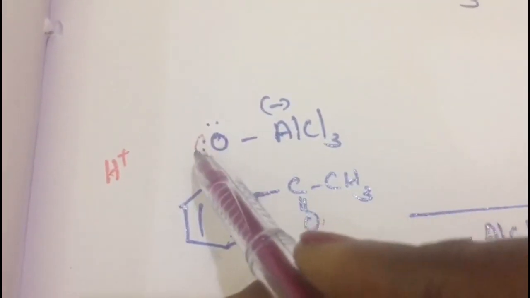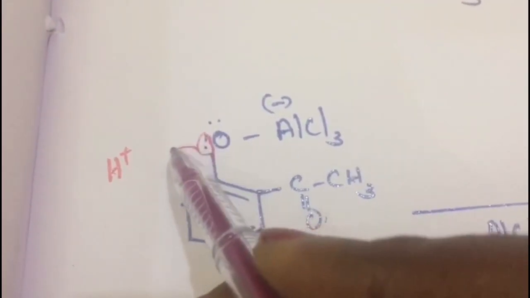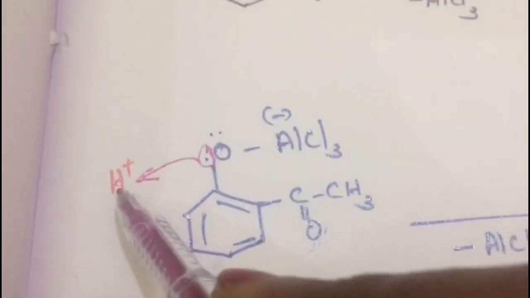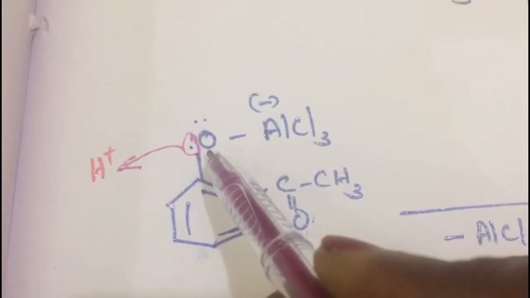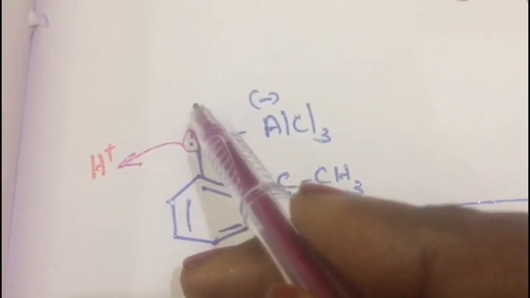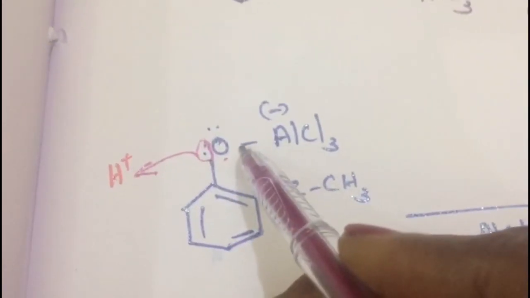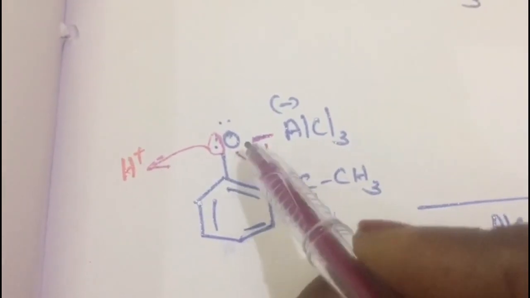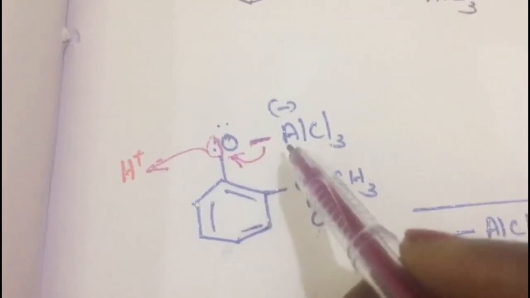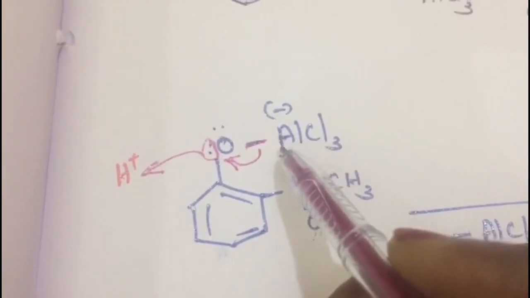Now this lone pair of electrons of oxygen is used for bonding with this hydrogen. This H plus receives this electron from the oxygen atom and forms OH, and the oxygen acquires the positive charge, and here this bond will be broken. So AlCl3 gives electrons to this oxygen and is removed as AlCl3 plus.